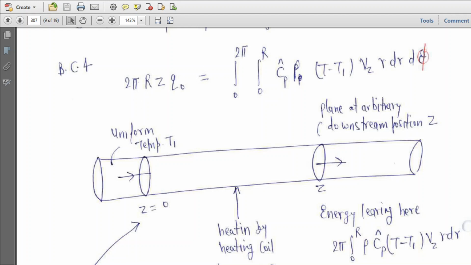The total energy transferred to the fluid is balanced by the total energy leaving with the fluid, because no energy enters with the fluid in the beginning. So whatever is given is taken by the fluid at the exit only. So you have, 0 to 2 pi, 0 to R, rho Cp (T minus T1) Vz r dr d phi.